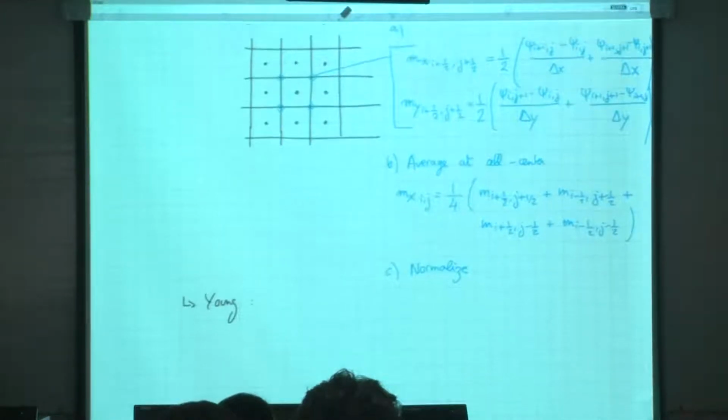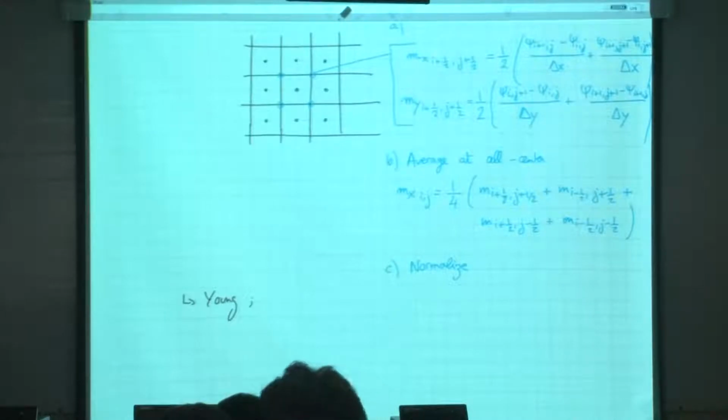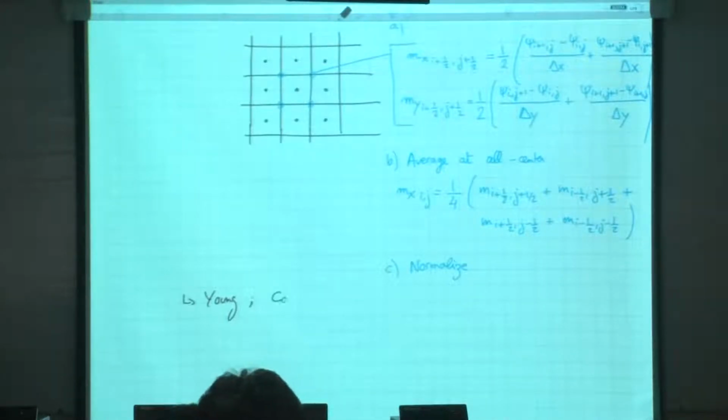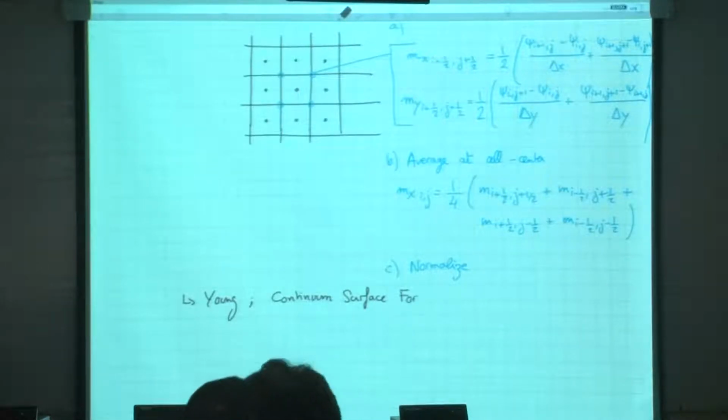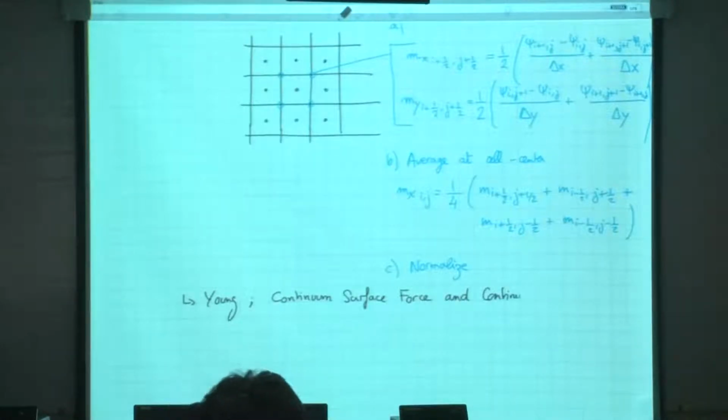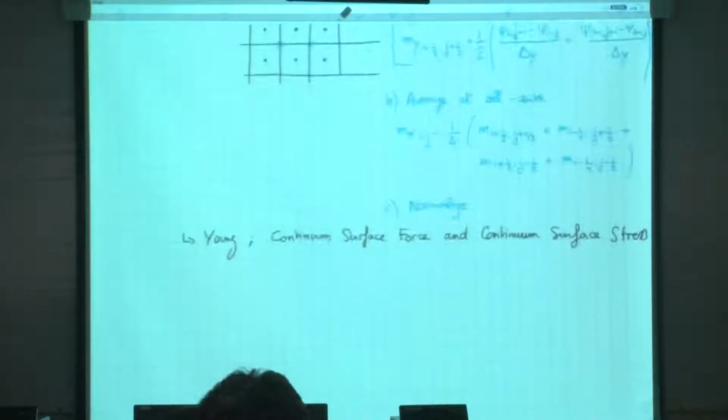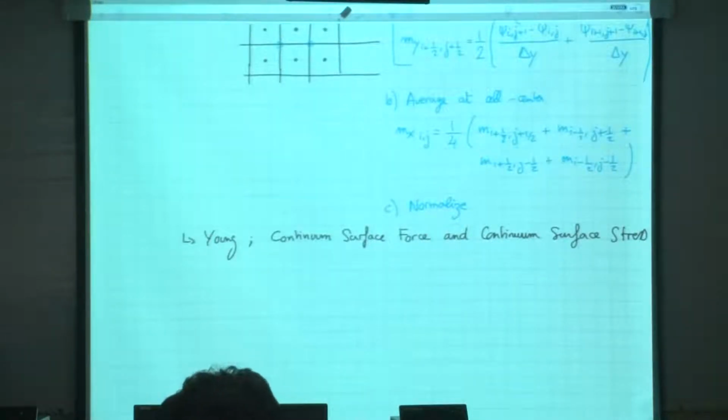I'll mention the approach of Young that has been then reused for the context of the continuum surface force model, which is a method for implementing the surface tension force, as well as the continuum surface stress. It's a very straightforward method. There is also 2 steps.